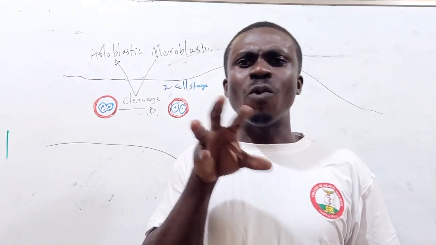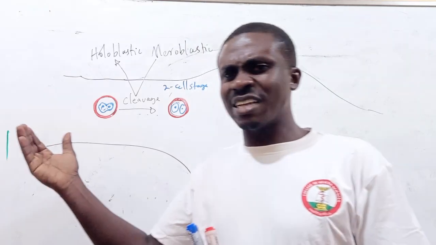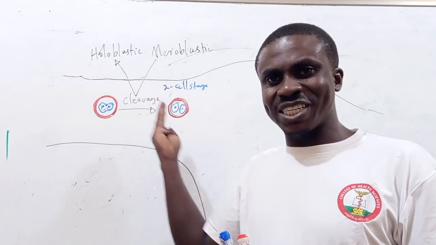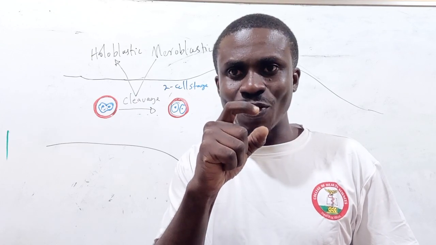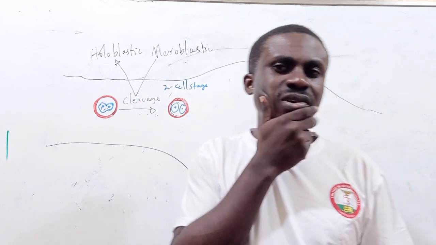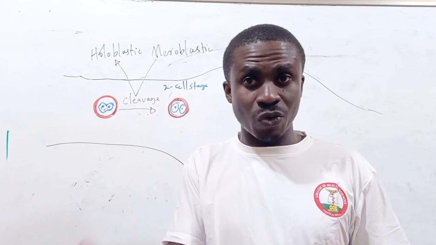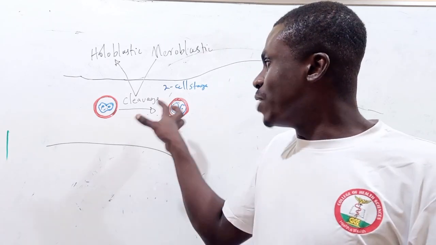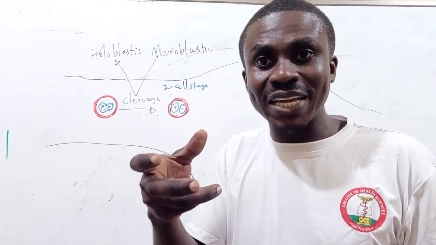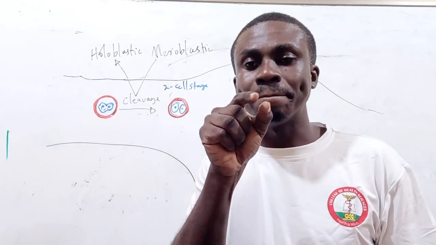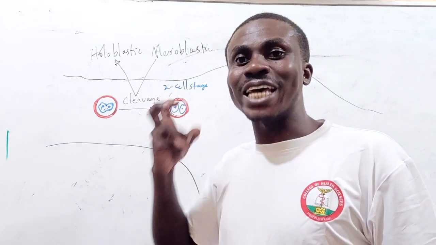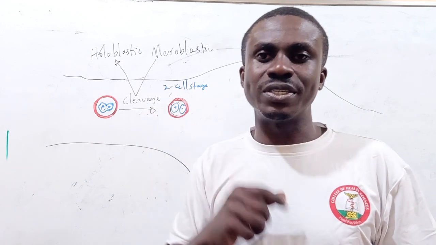Yes. Now, one thing I want you to know is that, as I said, as we go through the division, the size of the cells will be decreasing. But one thing I want to put inside you over here is that the size of the nuclei will not change, will remain the same. However, the quantity of the cytoplasm will reduce.